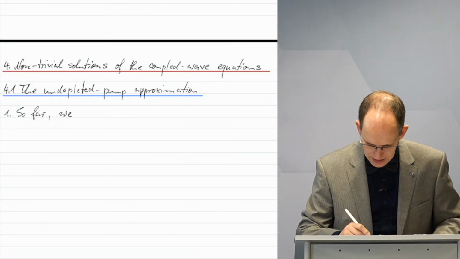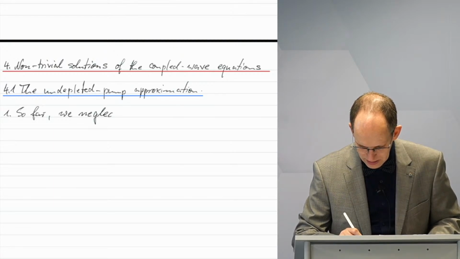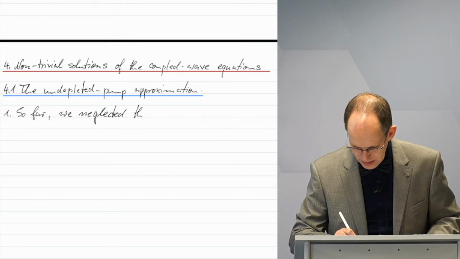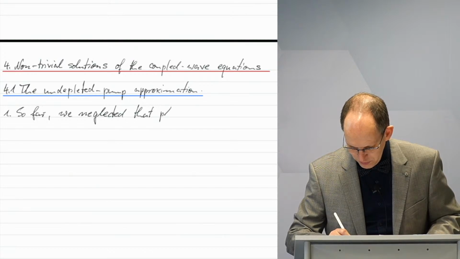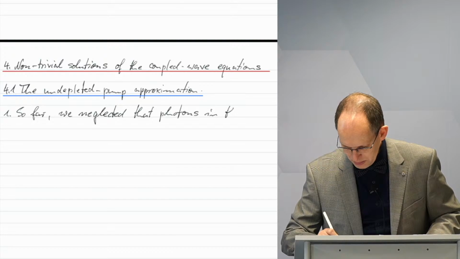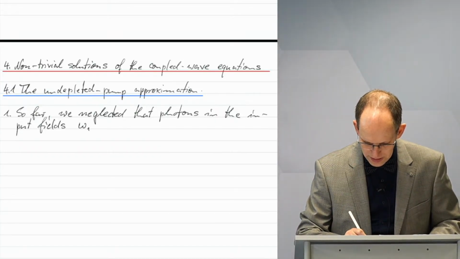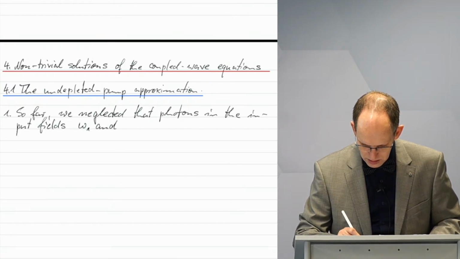So far, we neglected that photons in the input fields, and I just call them a little bit sloppy omega 1 and omega 2, right?